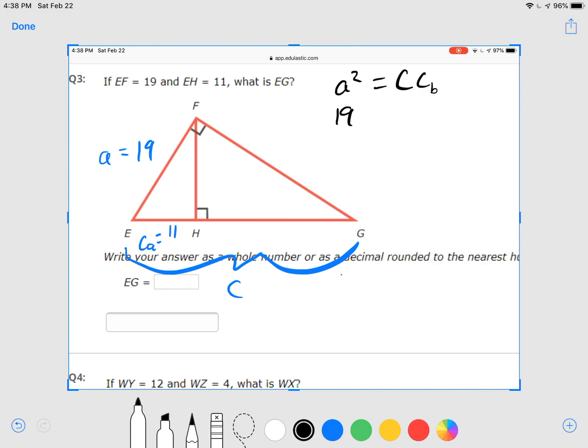A is 19, so I'll plug that in. 19 squared is equal to C, we don't know, times CA. Sorry, that was a mistake, this should have been CA up here. CA is 11. So we have C times 11. 19 squared is 361. So 361 is equal to 11C. Divide both sides by 11. This cancels out. 361 divided by 11 is equal to 32.82.